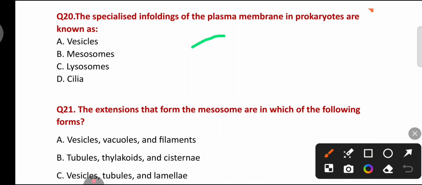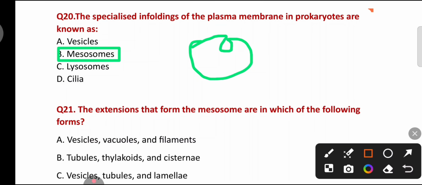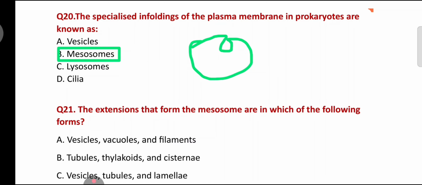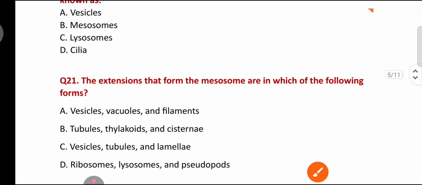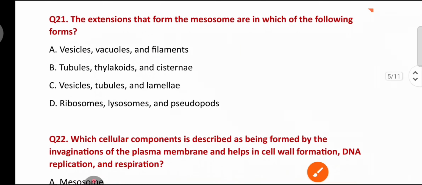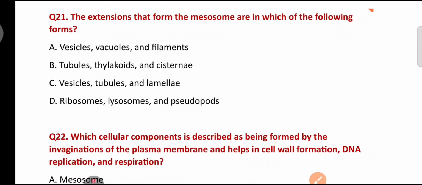The specialized enfolding of the plasma membrane in prokaryotes are known as vesicles, mesosomes, rhizome, cilia. Mesosomes. The extensions that form the mesosome are in which of the following forms?